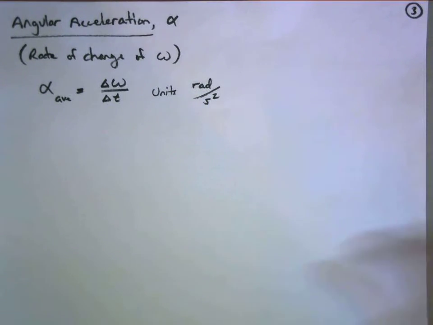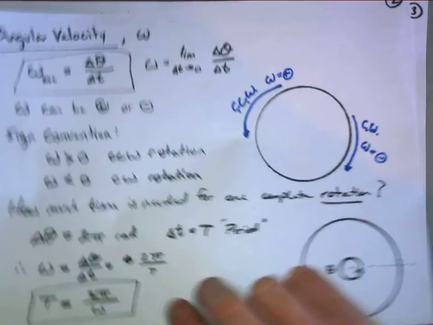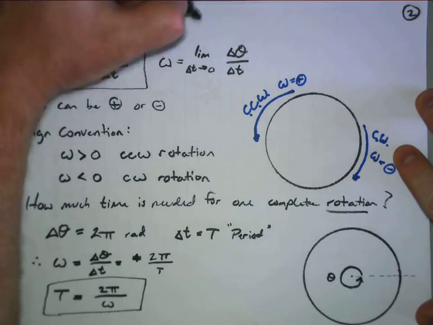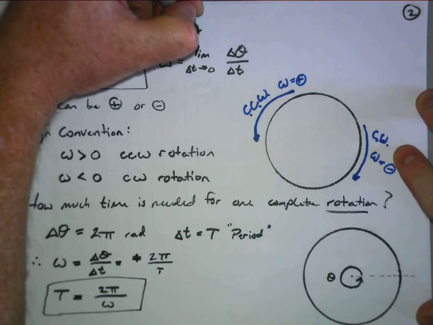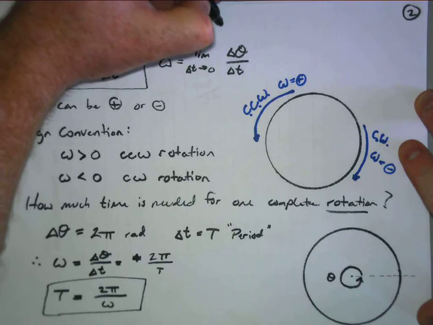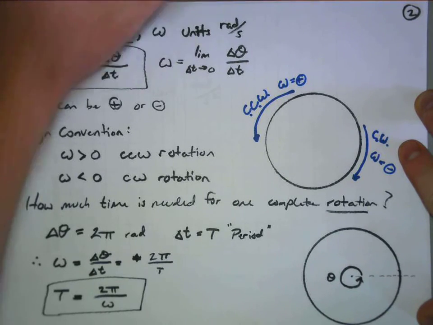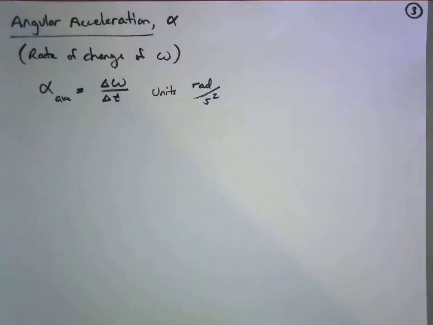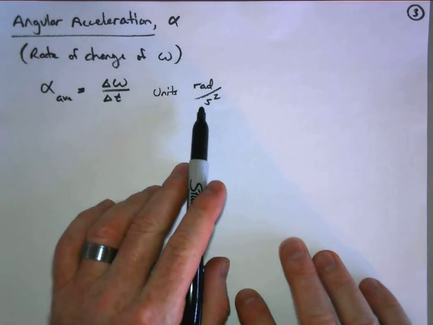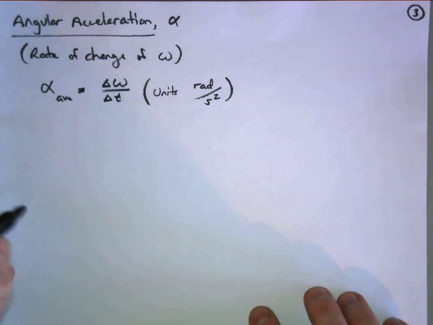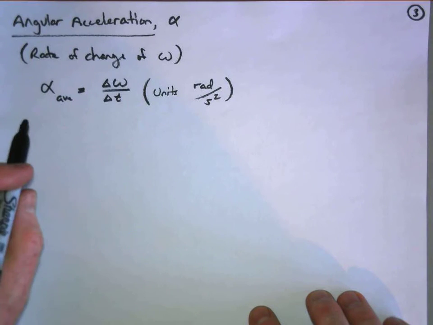I should probably throw that in here as well: the units for angular velocity will be radians per second. And the units for angular acceleration are radians per second squared. Should look very familiar, just like it is with linear acceleration.